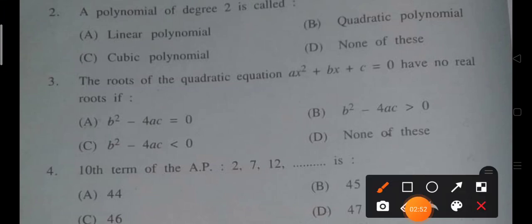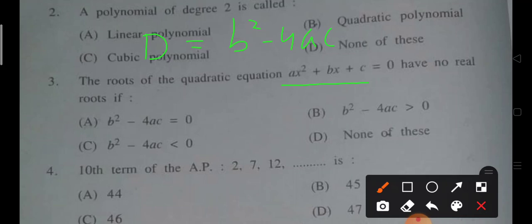The next question is: the roots of a quadratic equation have no real roots if. So let me tell you that in quadratic equation we come across a very important concept called discriminant, which we denote by D. This is equal to b square minus 4ac. On the basis of discriminant, we decide whether the equation has real solutions, or imaginary or no solutions.